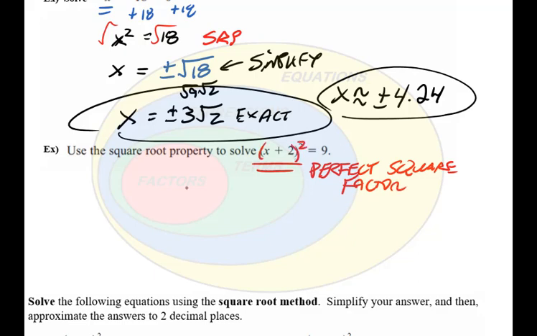If I apply the square root property, the left side then would just become x plus 2. The right side, when I take the square root, would be plus or minus the square root of 9, which is 3. So when I take the square root of the right, I get 3.